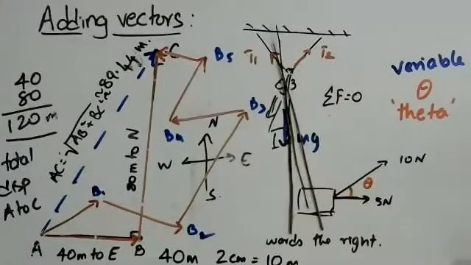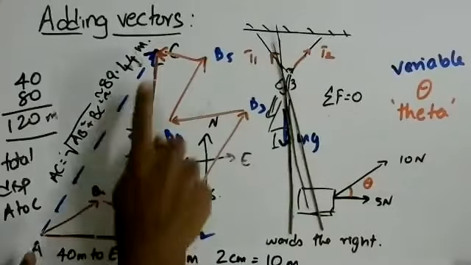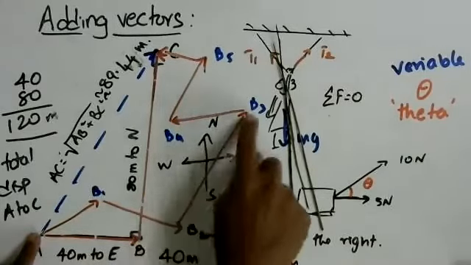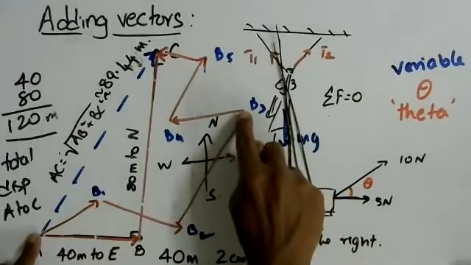Okay, when you add up vectors, sometimes if they are at 90 degrees, then you can use the Pythagoras theorem. But if they are not at 90 degrees, then you may have to use different methods to do the same thing. You can add up these two vectors and make one resultant vector, which will be like this. Then you add that resultant vector to this resultant vector, which will be like that.